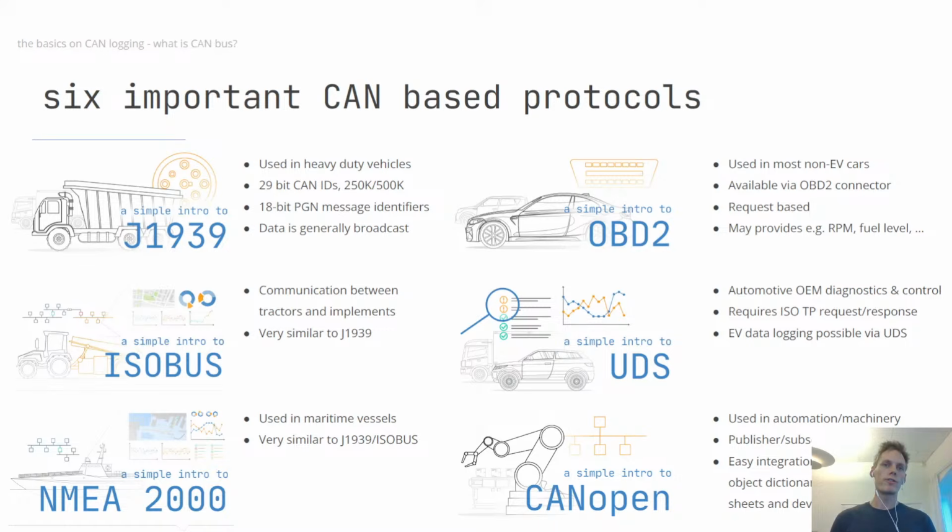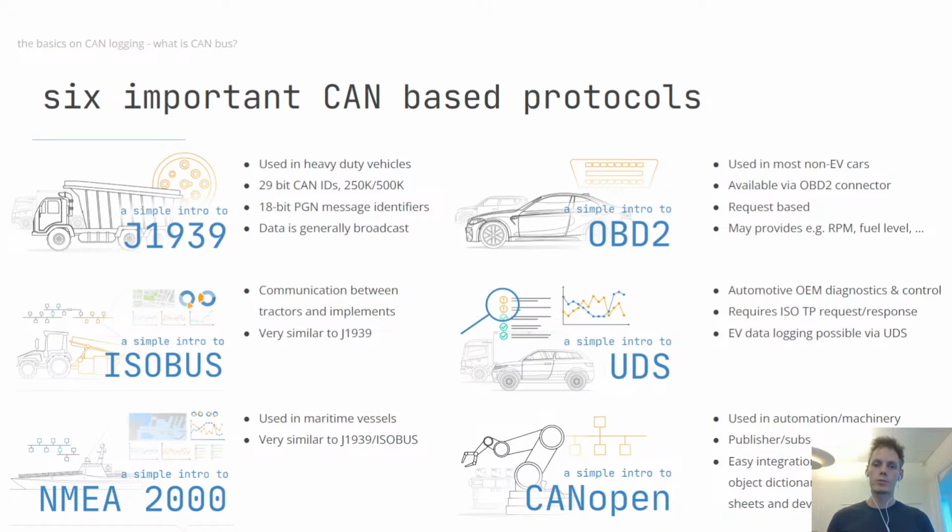Then you have NMEA 2000, which is a maritime protocol that is often used in ships and boats, but also sometimes used in agriculture vehicles, for example, for GPS information. And then you have something like CANopen, which is used frequently in industrial automation. So, for example, in production applications and the like. As you can probably see from this slide here, we have deep dive articles on all of these on our website. So you can go there if you're interested in diving into one of these.